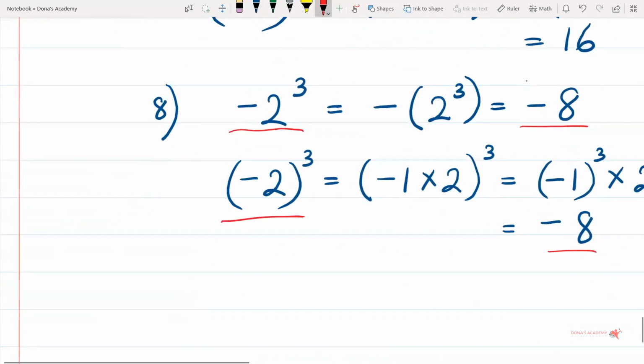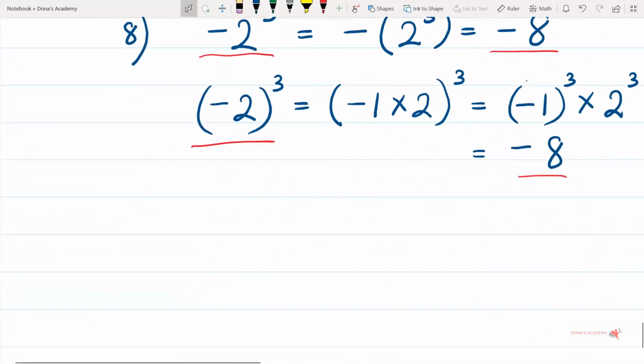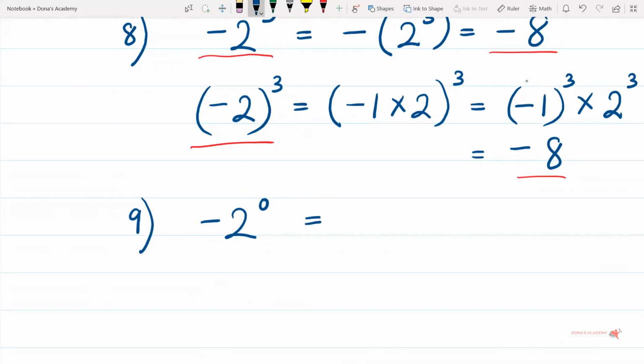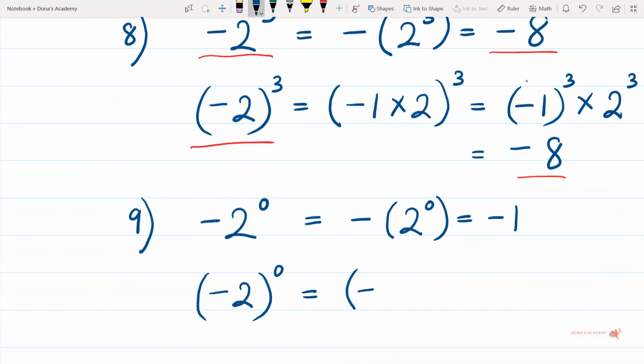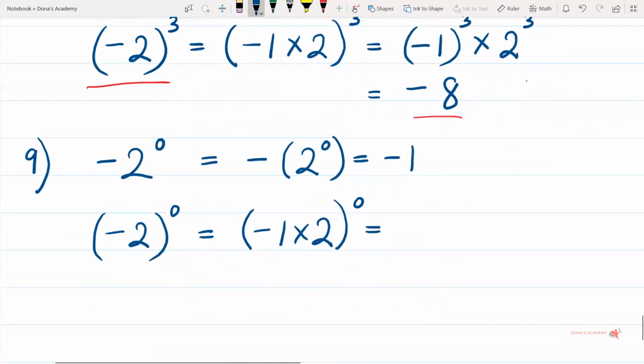Now, what if you have my last example? What if you have negative 2 to the power 0? Now remember that 0 is considered even. So in this case, this is same as negative and then 2 to the power 0, which is negative 1. What if you have parentheses? In this case, this is same as negative 1 times 2, to the power 0. This is same as negative 1 to the power 0 times 2 to the power 0.